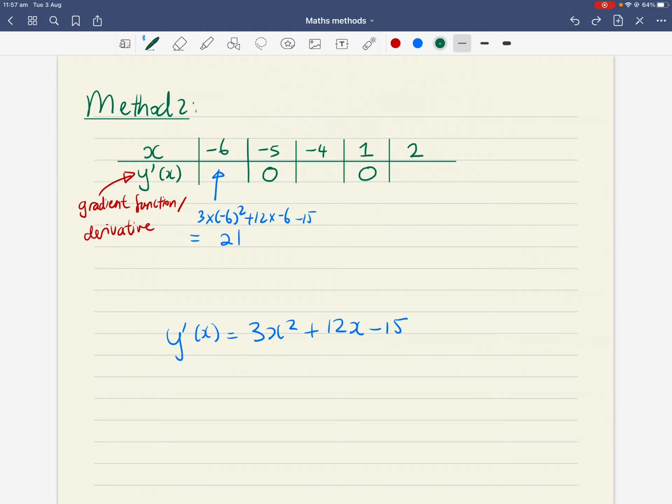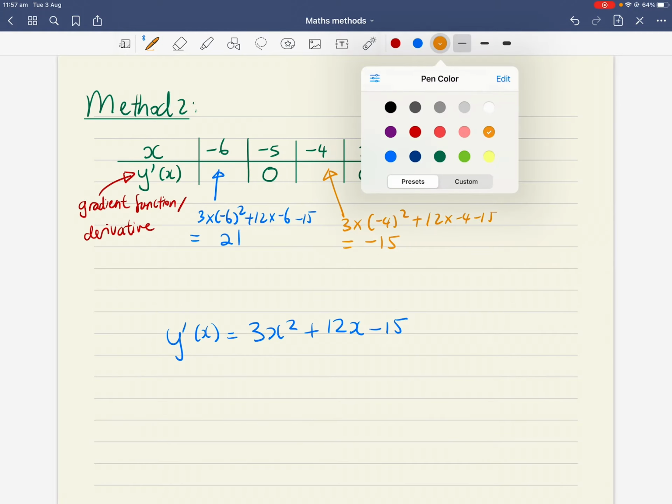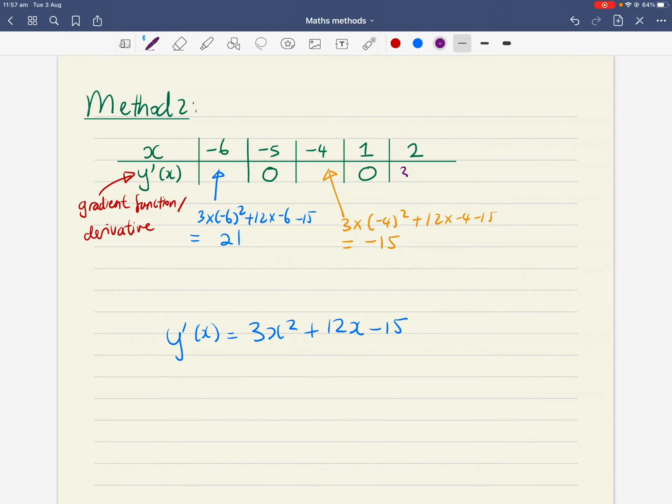And then this box here would be 3 times -4 squared plus 12 times -4 minus 15, which gives us -15. And then this one here is 3 times 2 squared plus 12 times 2 minus 15, which gives us 21.